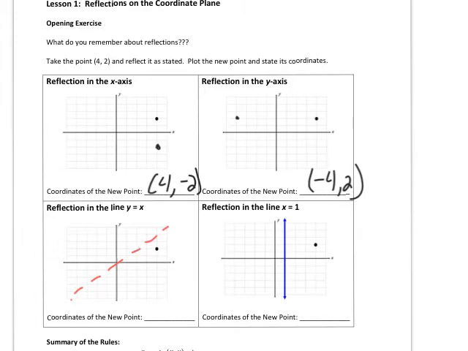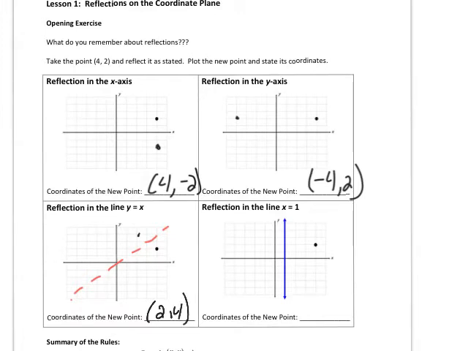You move perpendicular to the line to get to the other side. So it's going to end up right up here, and that point is at (2, 4). I started off with (4, 2), and my new point is (2, 4). So there's a pattern to that as well.